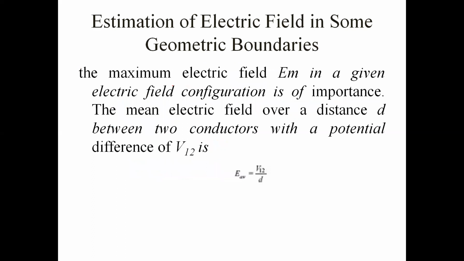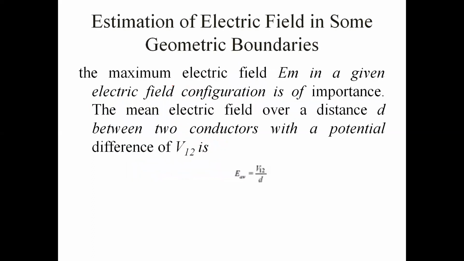When you come to numerical methods, there are some numerical methods which are available. Before going to the numerical methods, let us see how to estimate the electric field in some geometrical boundary conditions. Generally, the maximum electric field EM in a given electric field configuration is important.